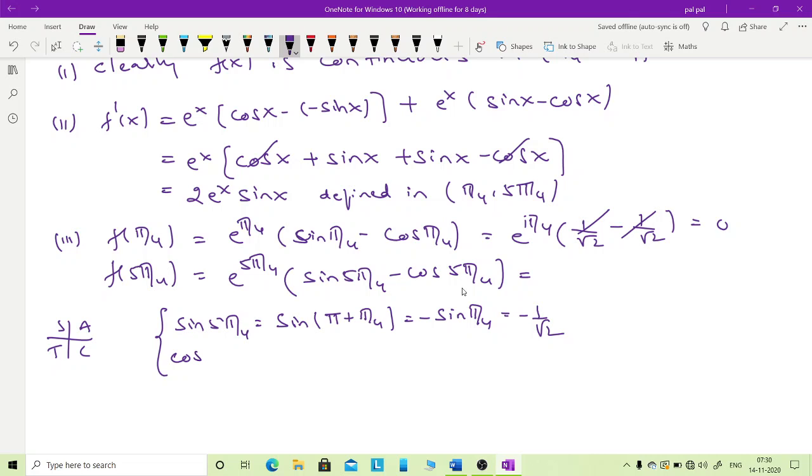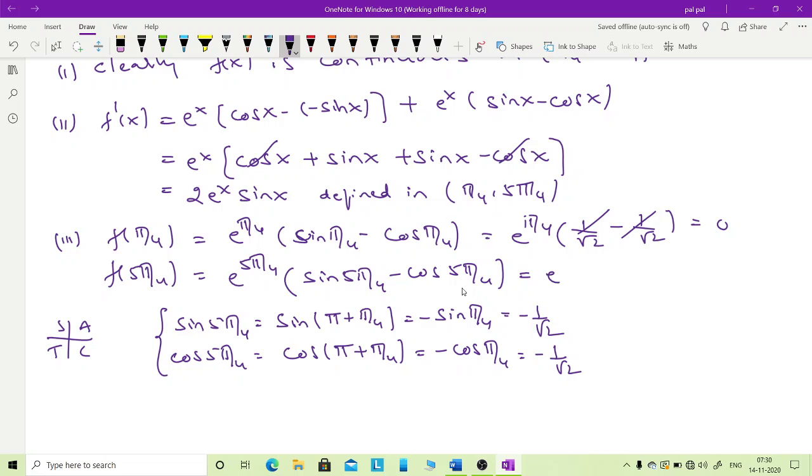And cos of 5 pi by 4 value is equal to, in a similar manner we have pi plus pi by 4. So again in the third quadrant, cos is negative. So it is minus cos pi by 4, which is equal to minus 1 by root 2.